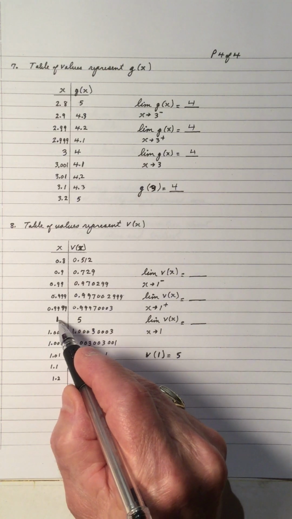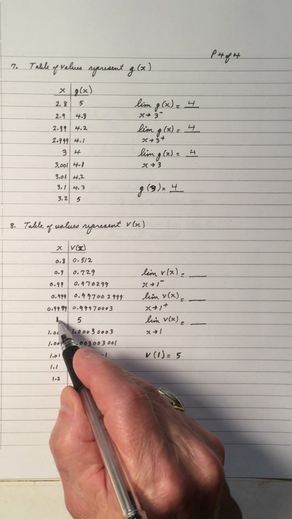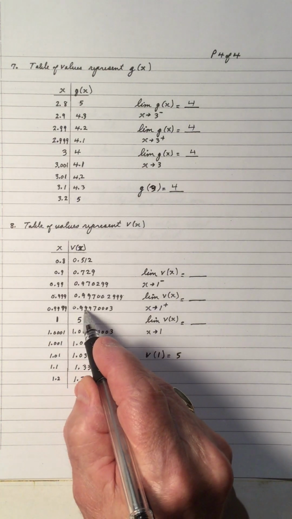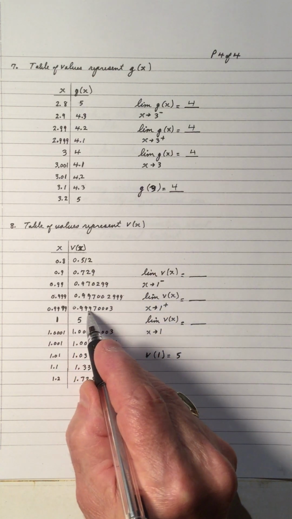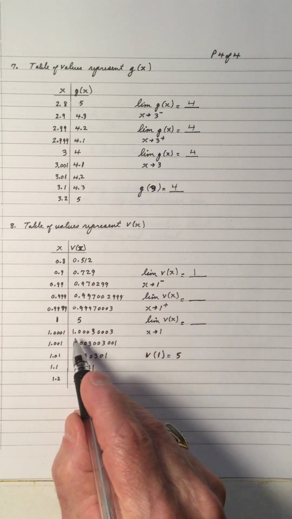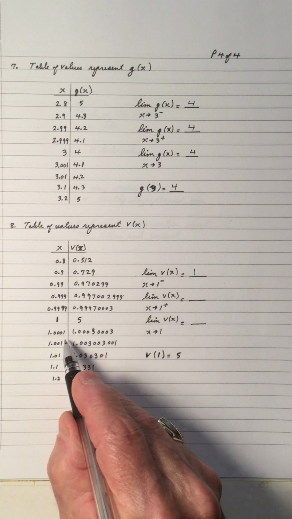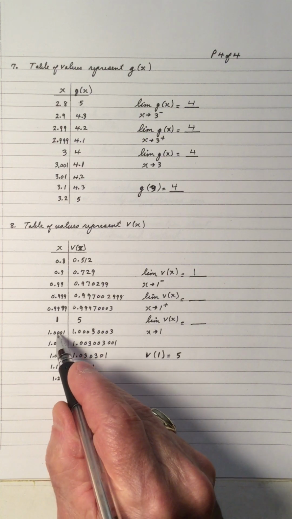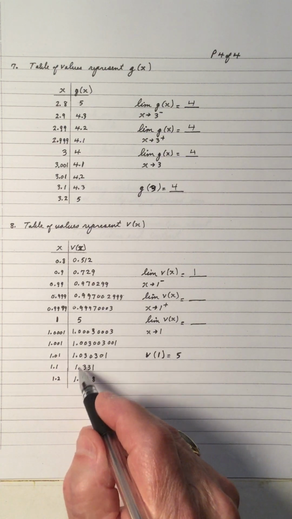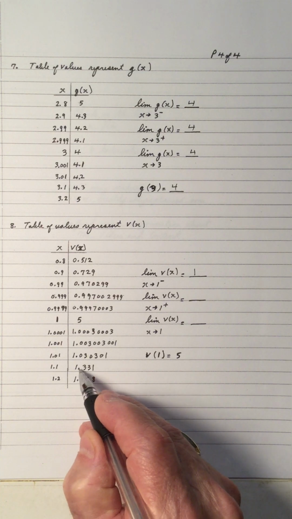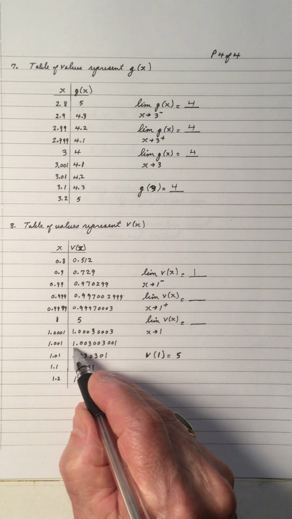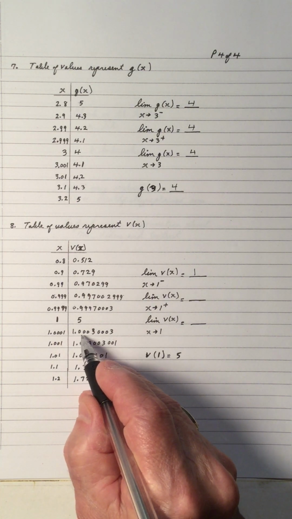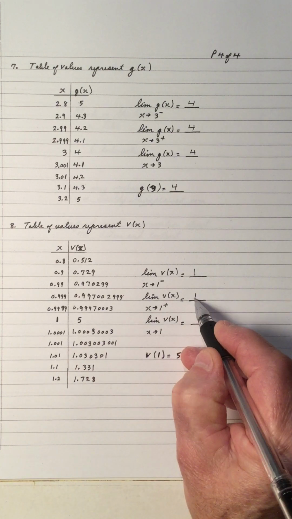The value at x equal to 1 is 5, but notice this is getting closer and closer to 1. Let's look at this one. As I get closer and closer to 1 on the right side, this is 1.7, 1.3, 1.03, 1.003. So it's getting closer and closer to 1.